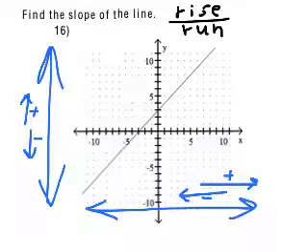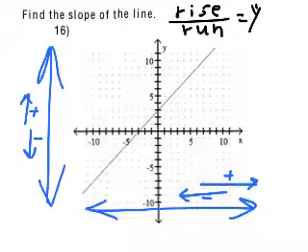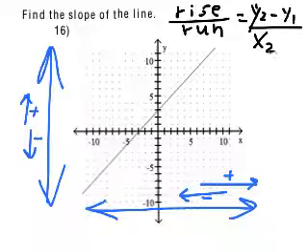We also learned that rise over run equals y2 minus y1 over x2 minus x1, which stands to reason. So in this, we have 2 points here where it's crossing, right there and right there.